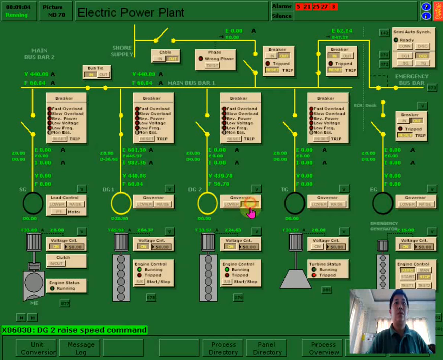Yes, again. It's long time waiting. And now it's ready, so I can synchronize, I can connect.